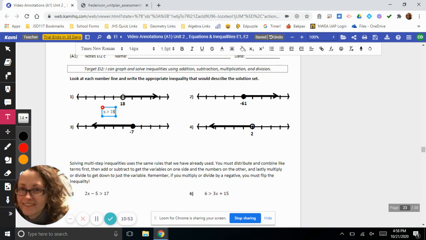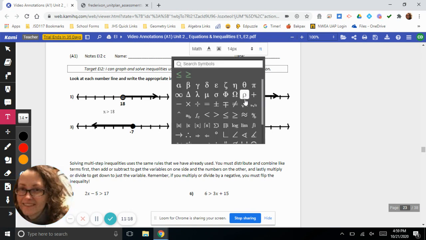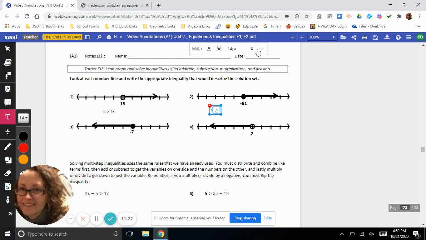So just the greater than sign, no equal bar underneath because of the open circle. My critical number is 18, and it is going to be greater than because all of my answers, my shading, are bigger than 18. So for number two, I'm now going to have x is greater than or equal to, because I have a filled in circle, x is greater than or equal to negative 61.